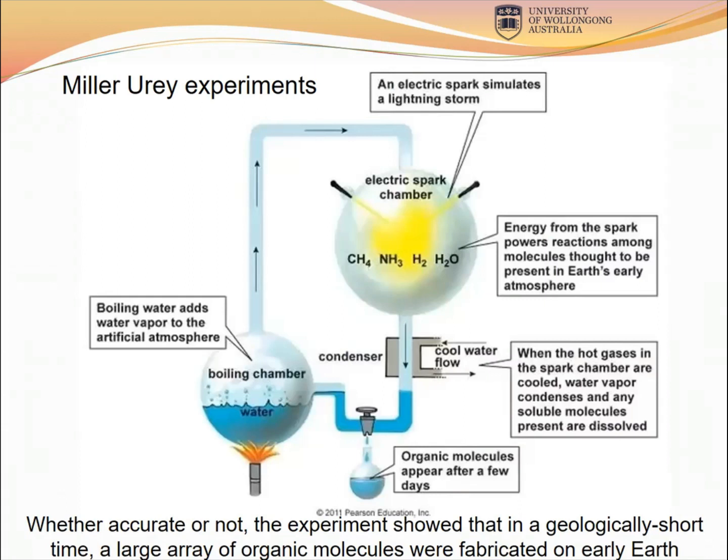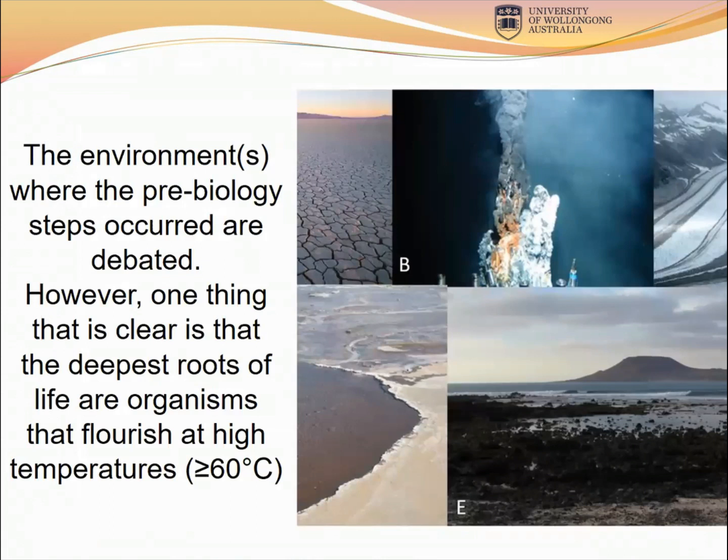So accurate or not, this sort of experiment showed that in a geologically short time, a large array of organic molecules were fabricated on the early Earth. So 300 million years isn't impossible in order to generate life. We know that's the case because, of course, we're here actually talking about it.